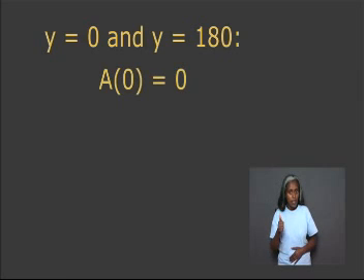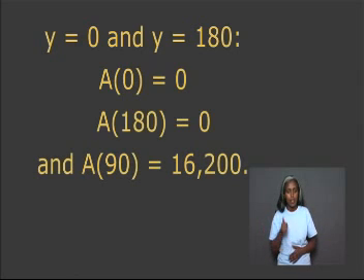A of 0 equals 0. A of 180 equals 0, and A of 90 equals 16,200.